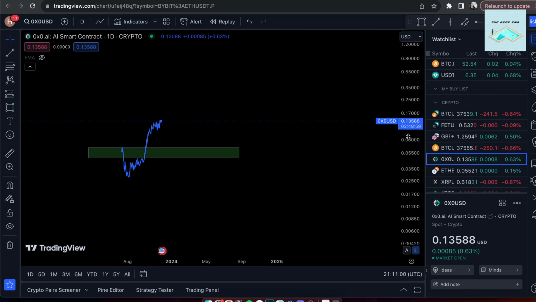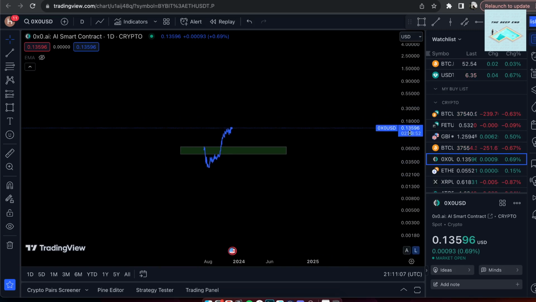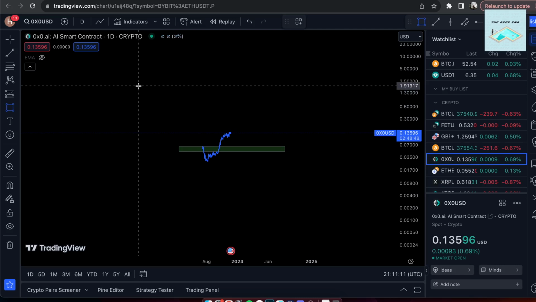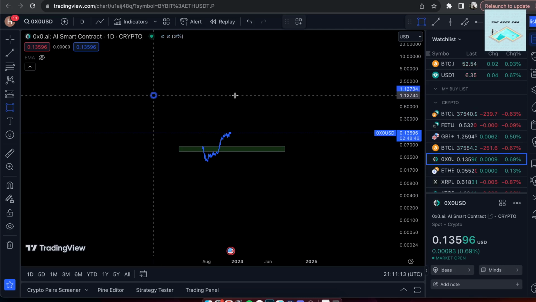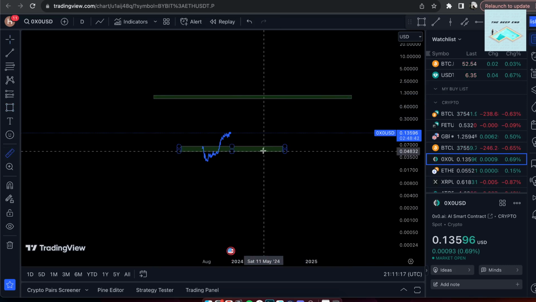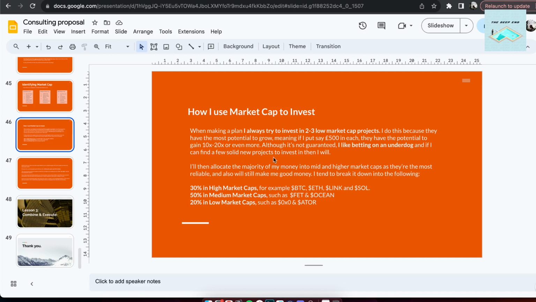Around 0.04, if we get there, that is. And for this, I see it over $1 in the future. It's kind of hard to predict, but you can kind of just go with numbers for this. So I'm going to say anywhere around here. So for OXO, we've got about 20 times your money as well.